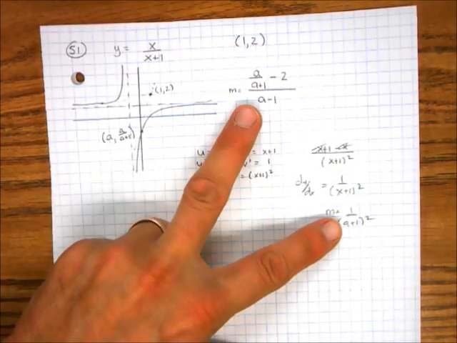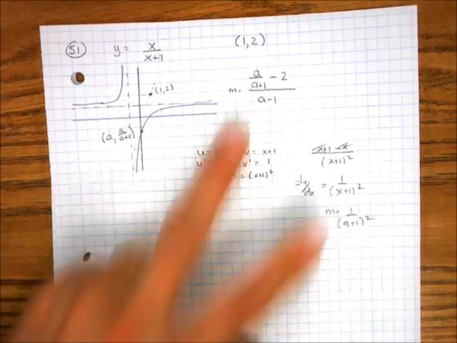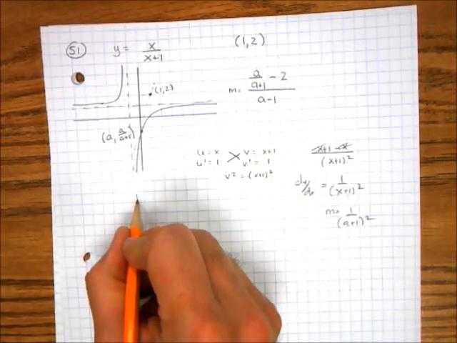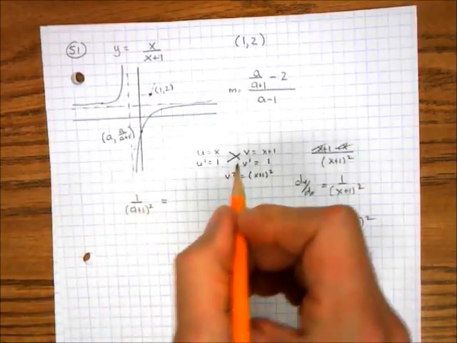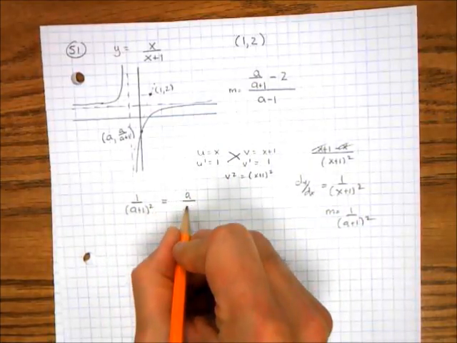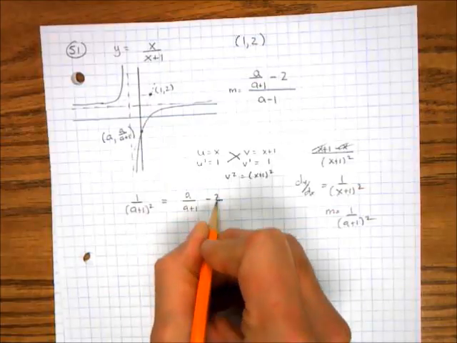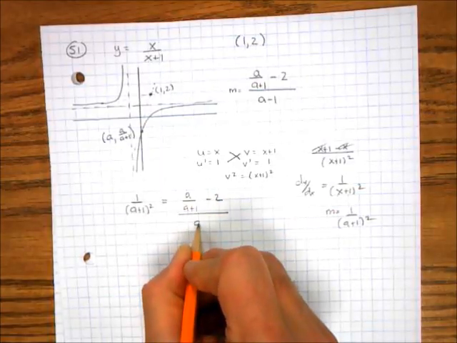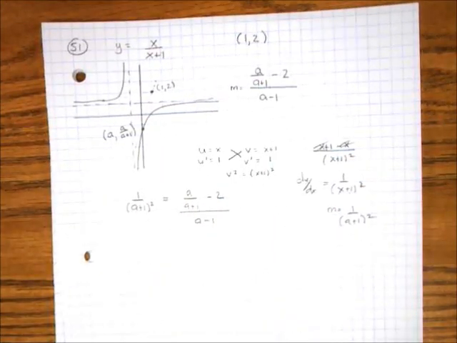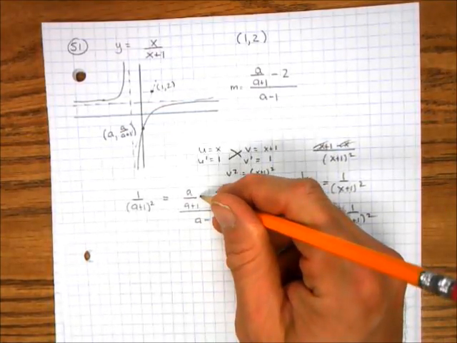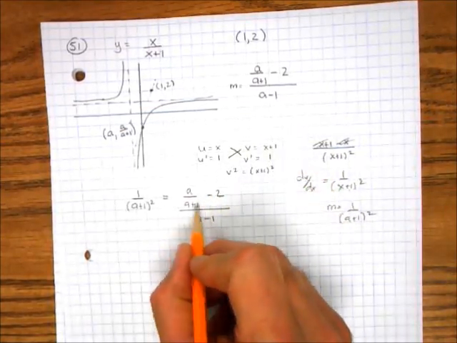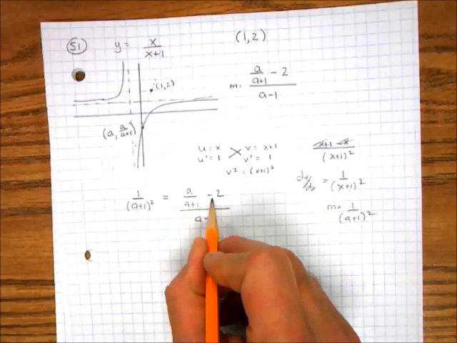Okay, so we're going to set these equal to each other. 1 over a plus 1 squared is equal to a over a plus 1 minus 2 all over a minus 1. Okay, that's a complex fraction. So we need to first of all write this in a non-complex form. Okay, the way I'm going to do that is I'm going to say the common denominator on top here is a plus 1.